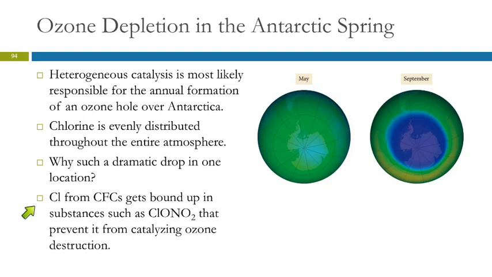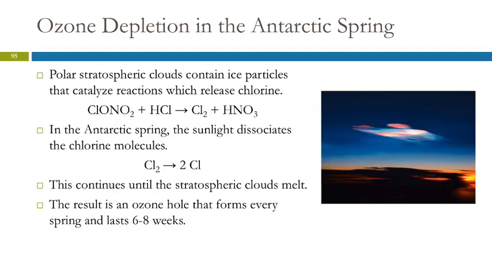So the chlorine gets bound up in substances such as ClO and O2. So it combines with other things, and that, when it's bound up like that, then it can't catalyze ozone destruction. You're like, well, good. Let's get more of that stuff up there, right? In the polar stratosphere, the clouds have ice particles. Those ice particles catalyze the reactions that release chlorine from their bondage.